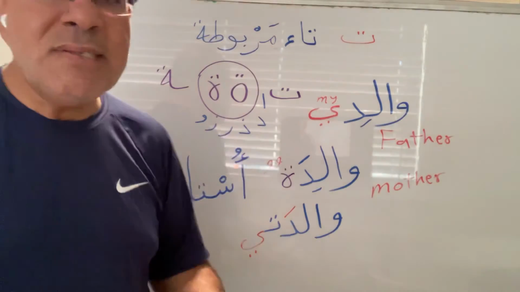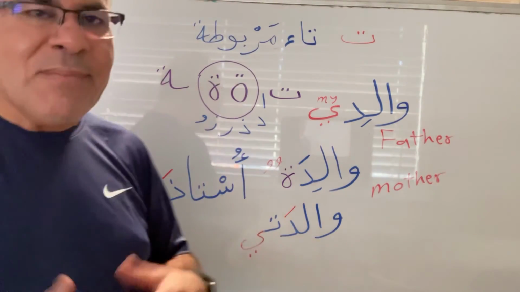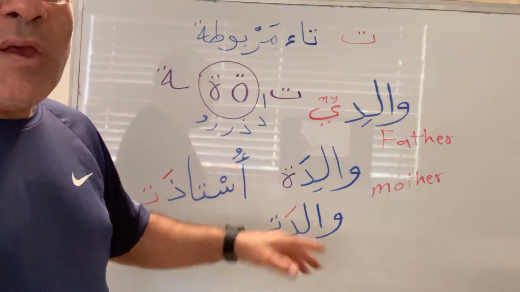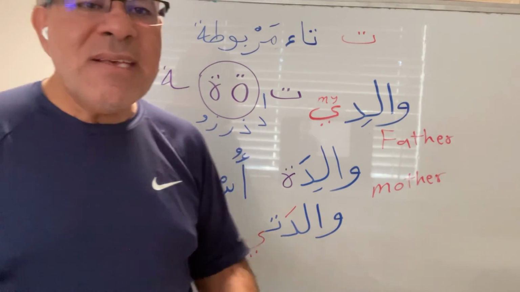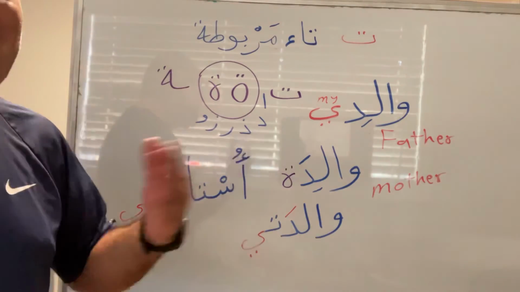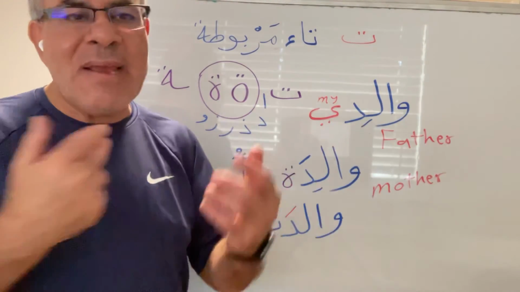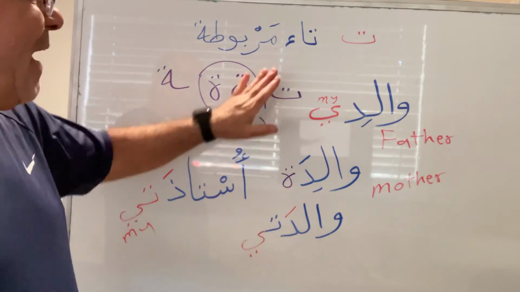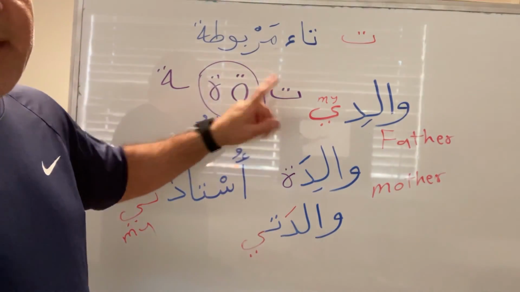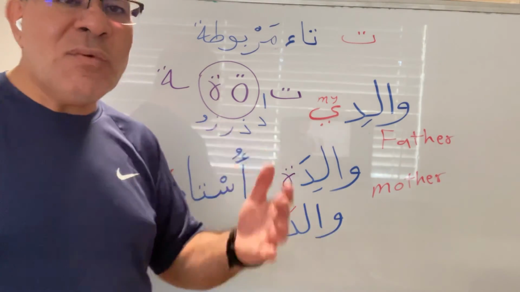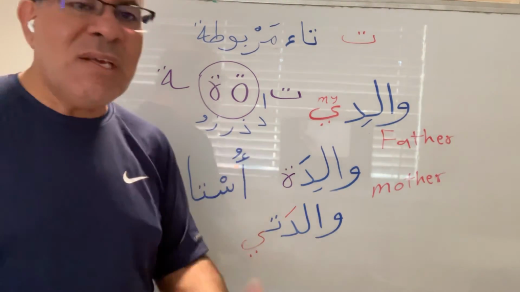Pronunciation: we always pronounce ta marbuta with the fatha, walida, ustada, sayyara. Unless we add something to it like tanween fatha, tanween dhamma, tanween kasra, or dhamma, fatha, kasra, we pronounce it like a regular ta. Like sayyaratu, as-sayyaratu, or al-walidatu, or sayyaratun, walidatun.